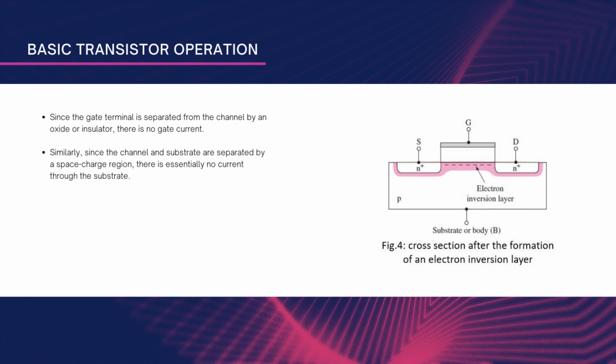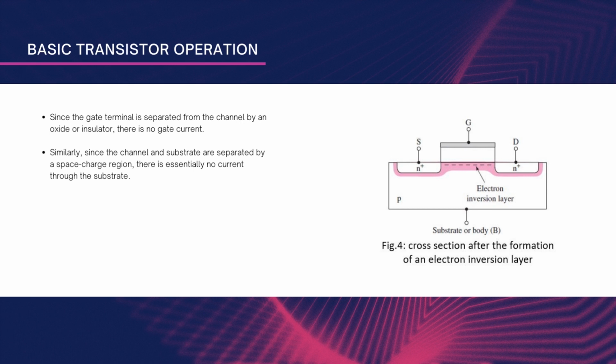This makes the device have high input impedance because the gate terminal is separated from the semiconductor via the oxide layer. So, there is no flow of current, providing high input impedance to the circuit, as the gate terminal is the input terminal. So, the device has high input impedance because of this oxide layer.